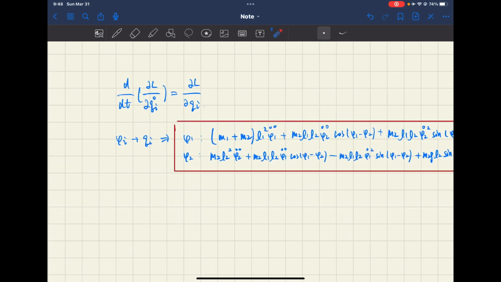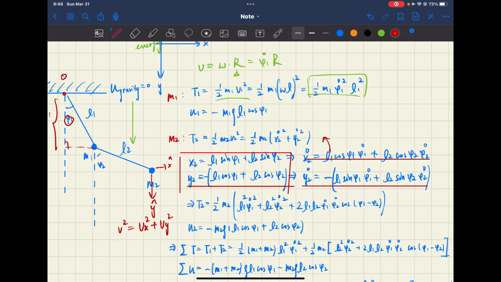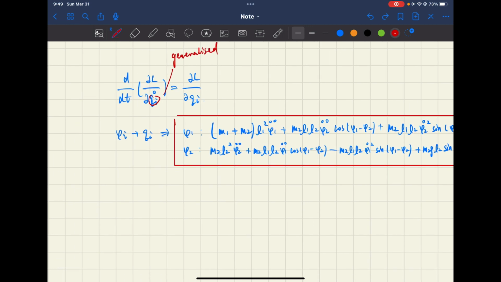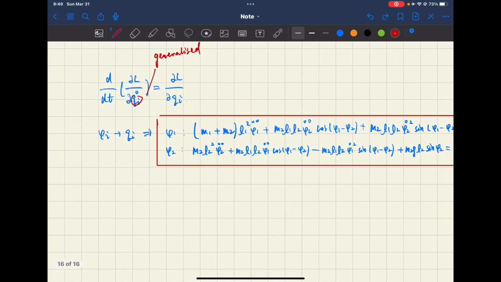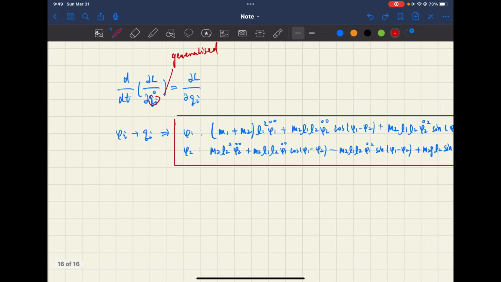In the Lagrange's equation we replace q with phi, because q stands for generalized coordinates, but in this case we used the angle as the element to describe our motion. So we replace qi with phi, and then we can put all these formulas into this equation.